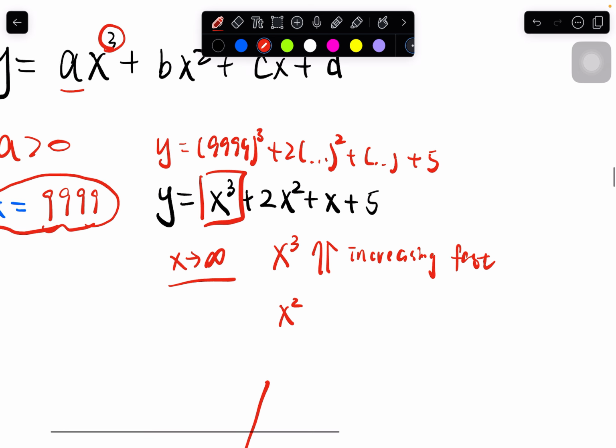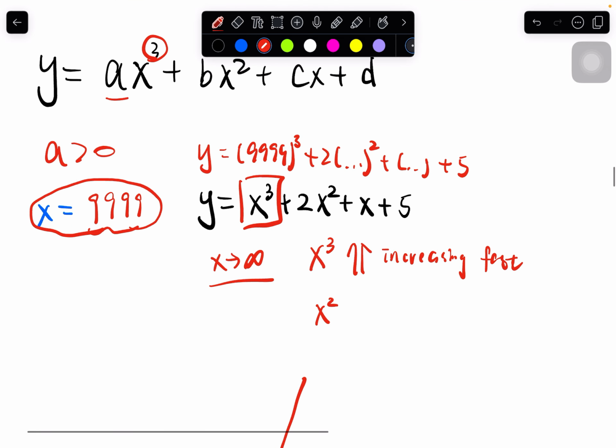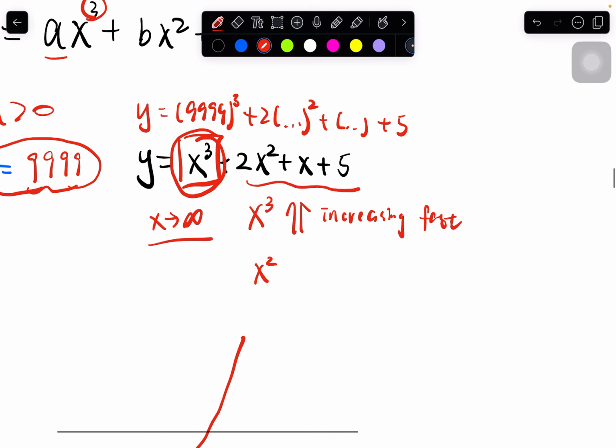You can say the behavior of the whole function will be decided by this term instead of these terms, because x to the power 3 is increasing much faster than the other terms when x is a very big number.